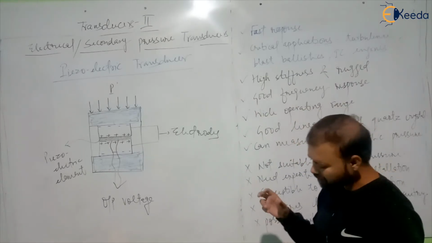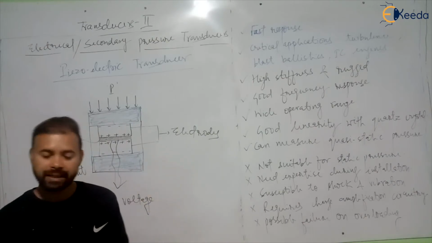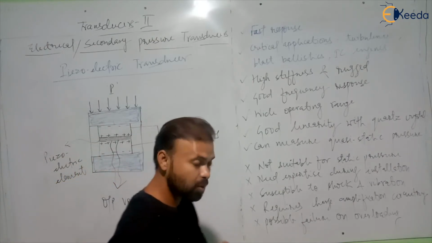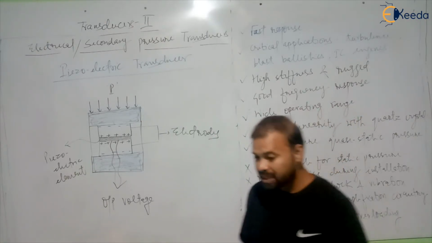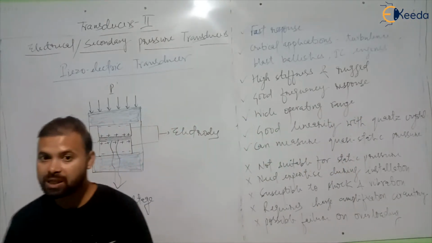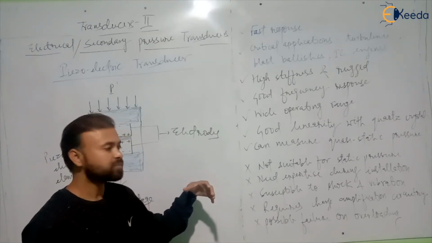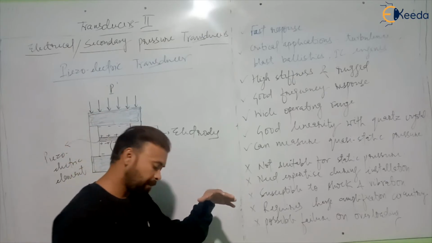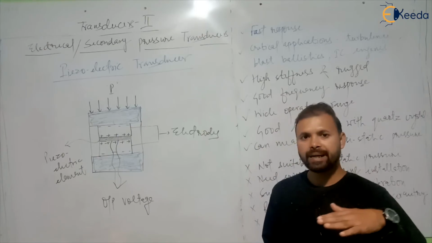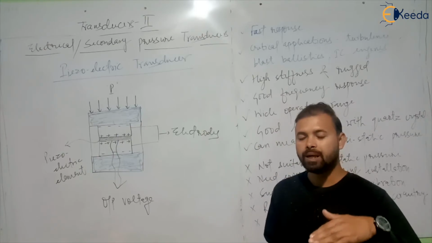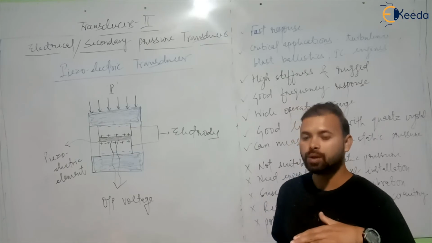The problem with piezoelectric material is that it can only measure dynamic pressure. It cannot measure static pressure. If pressure is not changing continuously, then you cannot measure the pressure output. For example, if a static pressure of 100 pascal is applied and it is constant throughout the time, then the output of the quartz crystal will be 0.